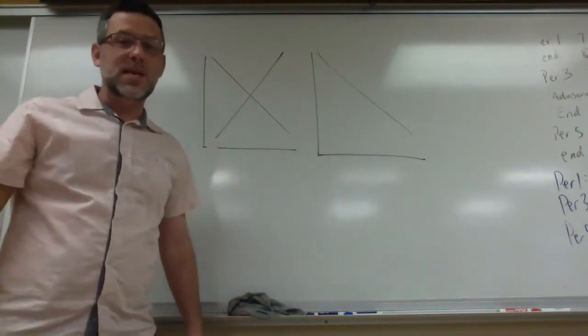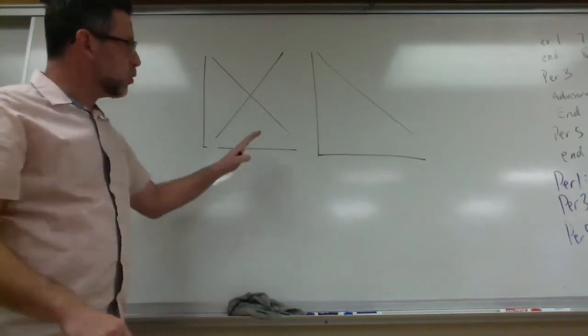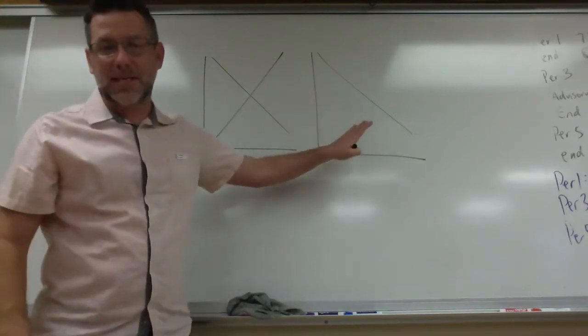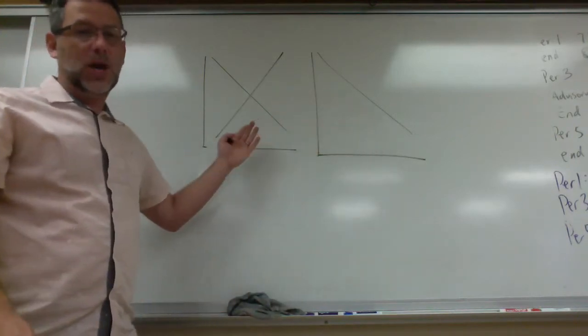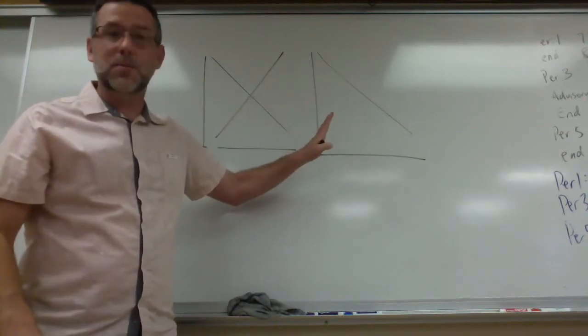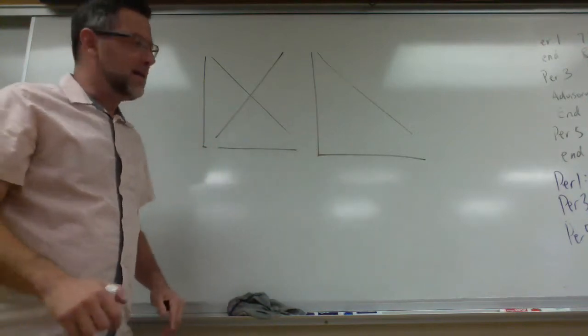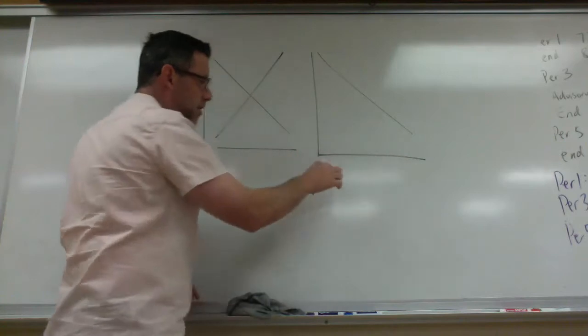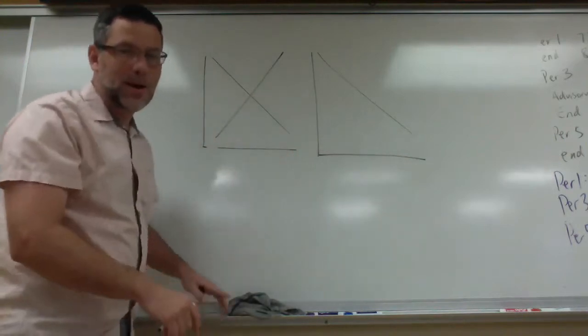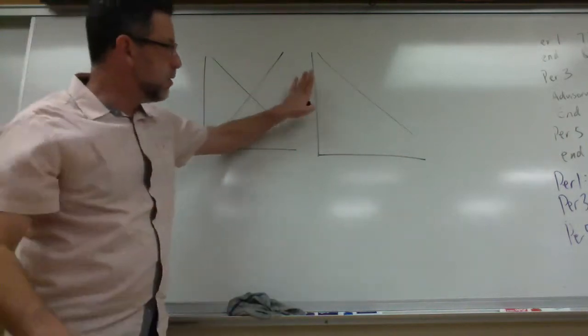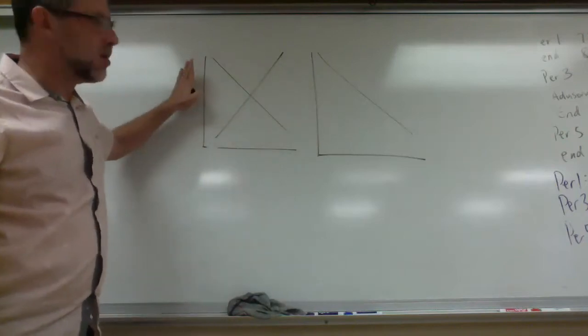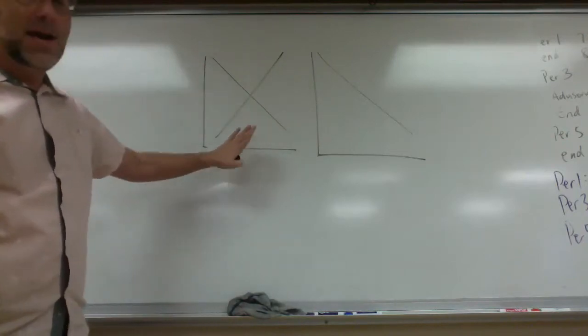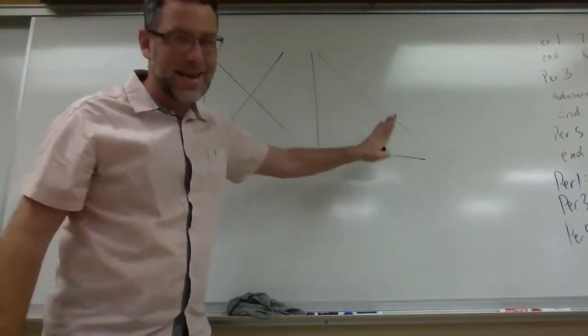So what you see here is really and truly, this is the exact same thing. It's just mirrored across my y-axis here. This is x getting smaller, this is x getting bigger, this is both y. So you can think of this as the graph of y and x, and this is the graph of y and negative x.